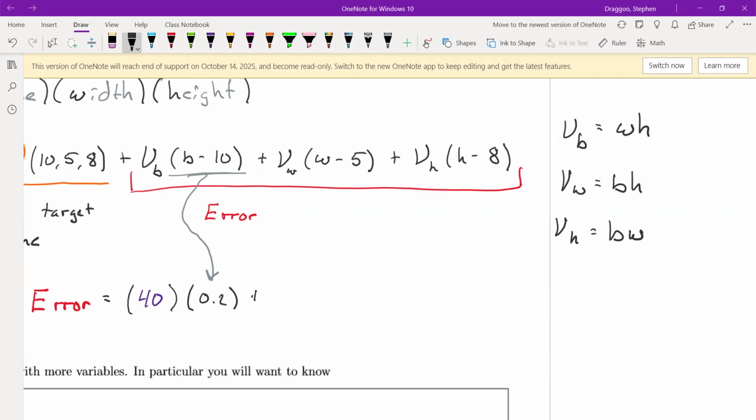And then I'll keep on adding some pieces in here. The error from the width is just base times height, which I think is 10 times 8, and that's 80, at least with the way that we wrote it down. And again, the maximum possible error in the width is 0.2.